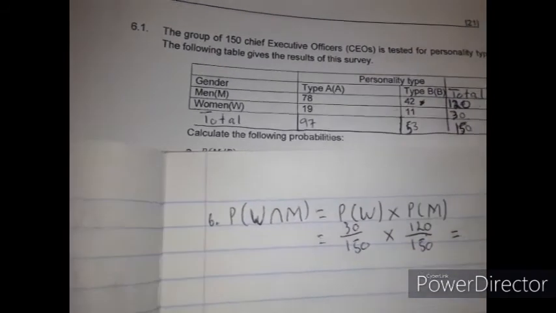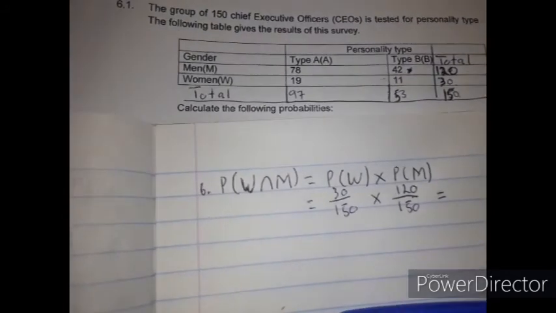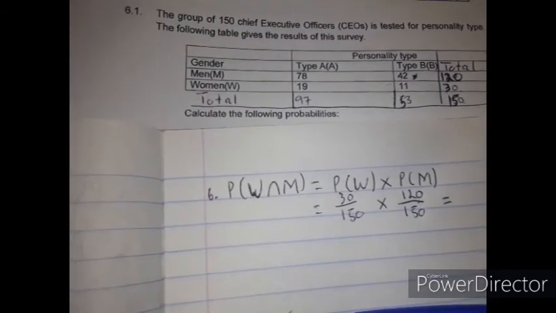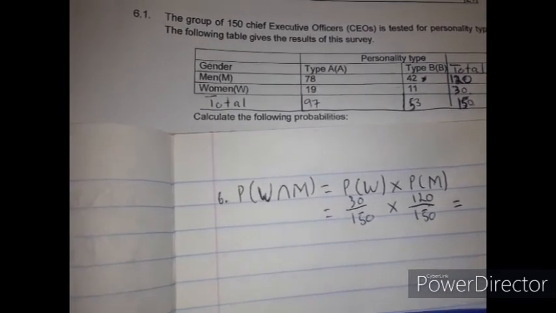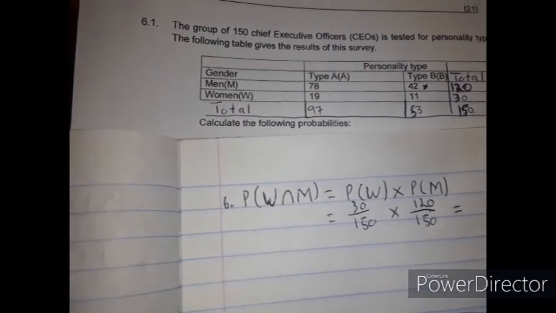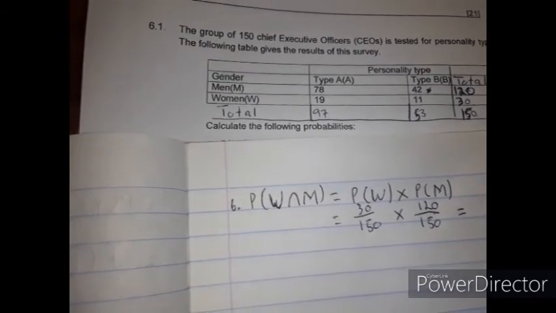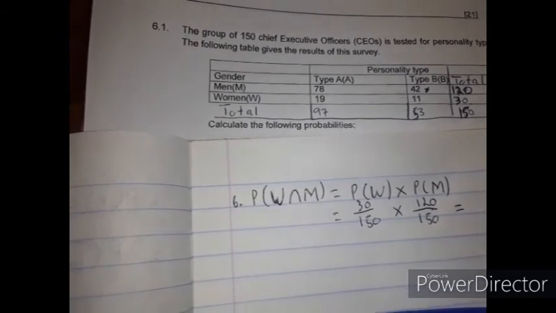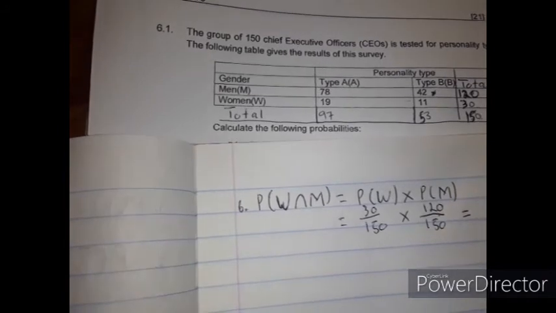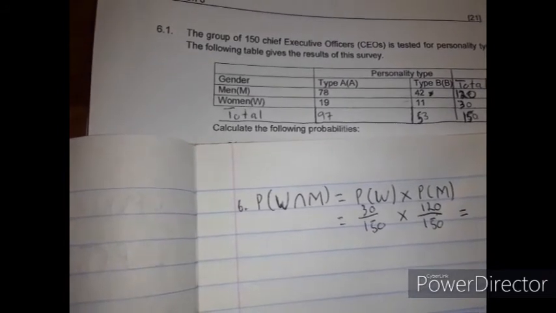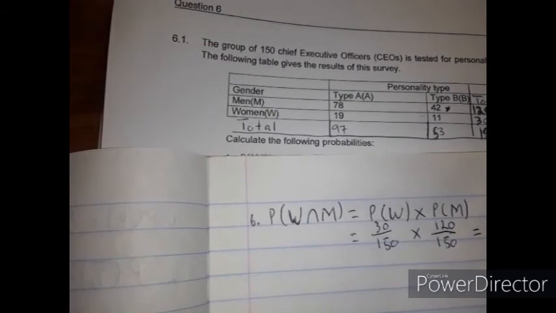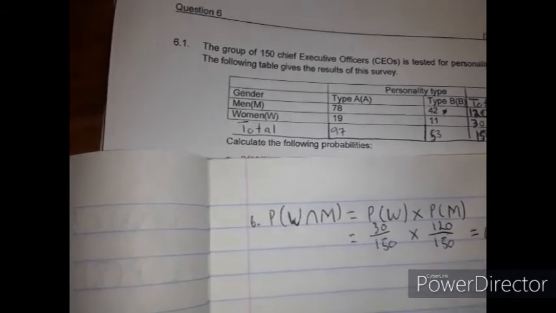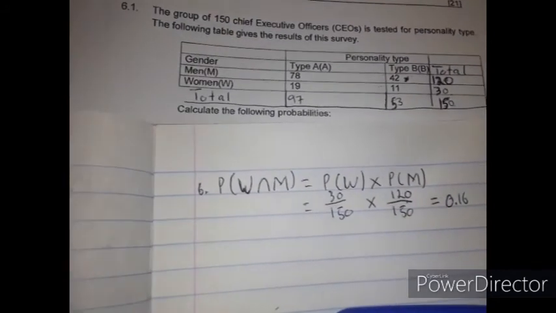The answer is 30 divided by 150 times 120 divided by 150. The answer is 0.16.